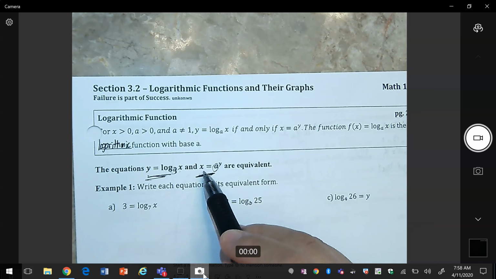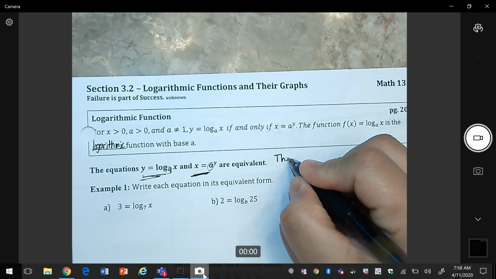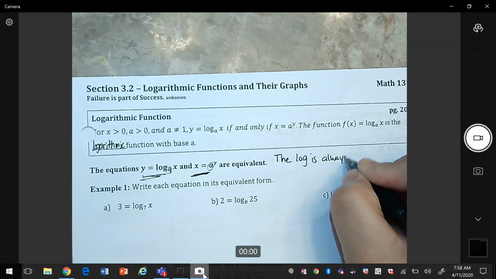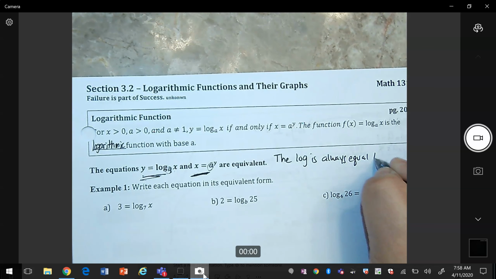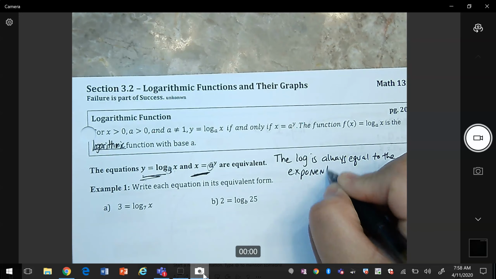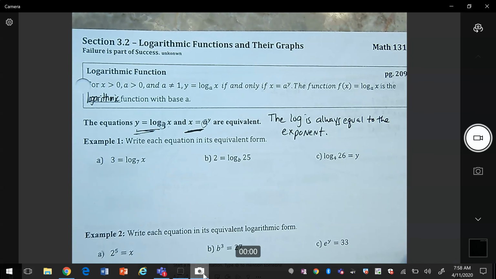And then we have x and x. So something I like to always say is that the log is always equal to the exponent. And this statement helps you in writing from one form to the other.